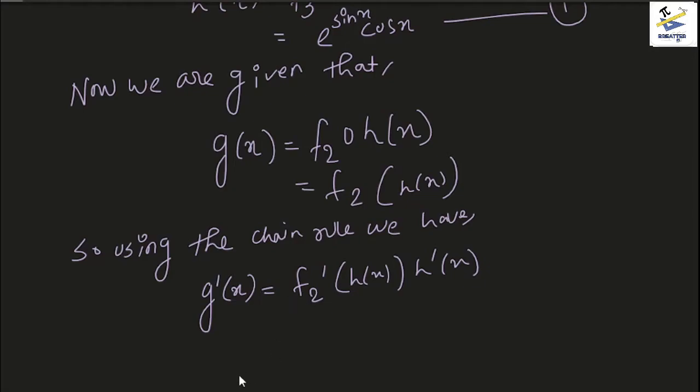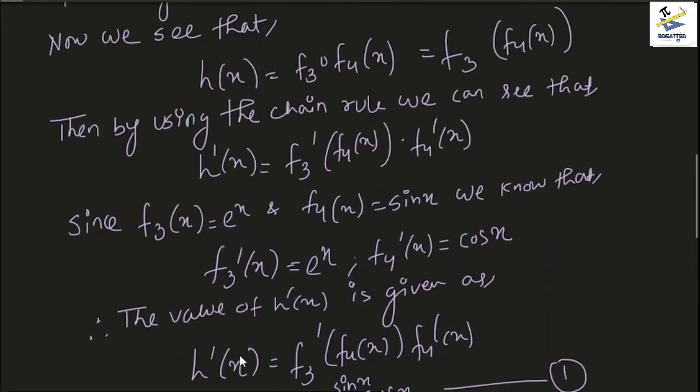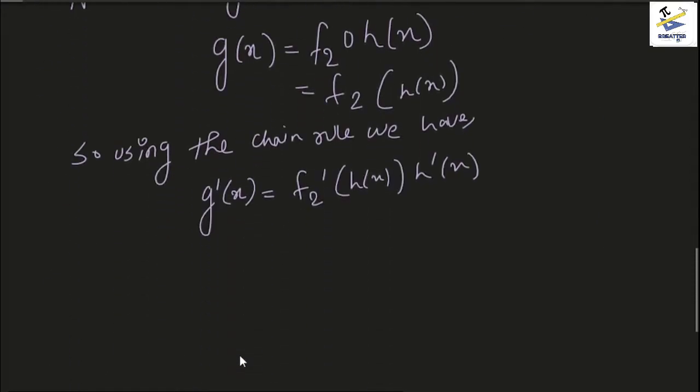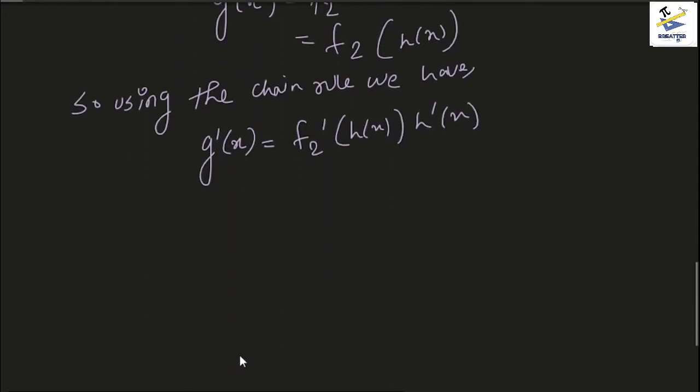So h of x was, let us check, I think e to the power sin x. Yes, it was e to the power sin x. And f2 is log x.